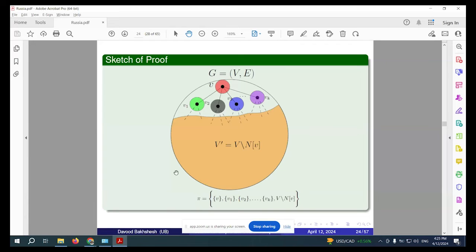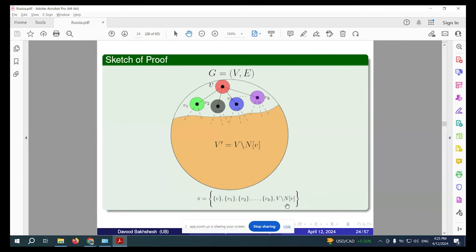Now, the key point in this proof is that we prove that this is a coalition partition. Consider the partition containing the sets {v1}, {v2}, ..., {vk}, and finally V minus N[v].